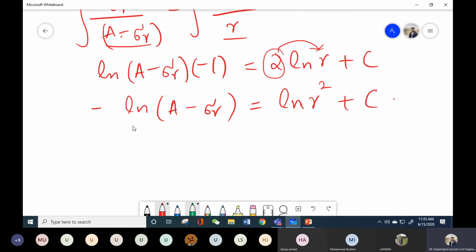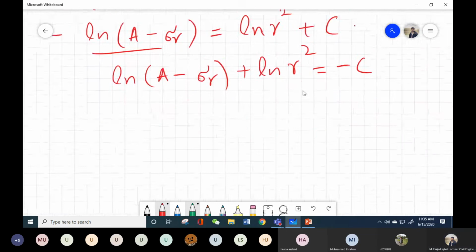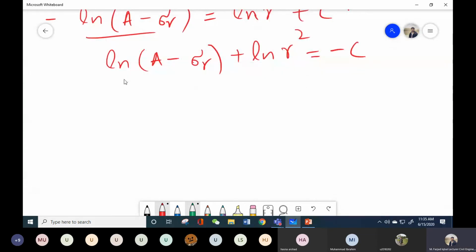So on the left side, if I take this on the other side, I will have log natural a minus sigma r plus log natural r square is equal to minus c. So again, there is one rule that if two logarithmics are being added, we can write them as a product. So log natural a minus sigma r into r square is equal to minus c.